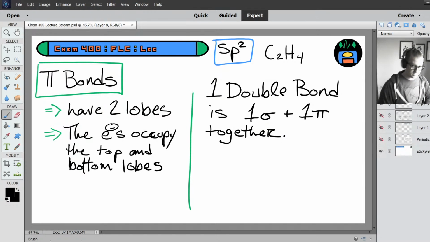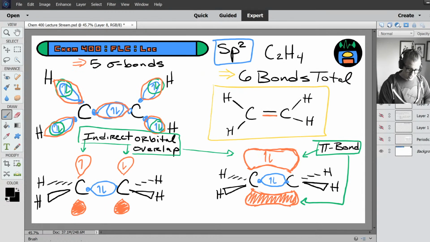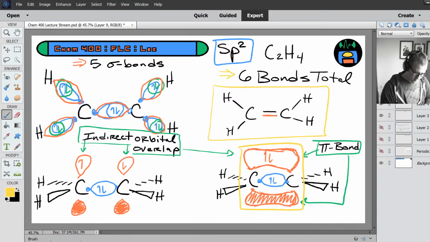So if we blip back to the previous slide, this right here is the carbon-carbon double bond. C double bond C is the carbon-carbon sigma plus the carbon-carbon pi.